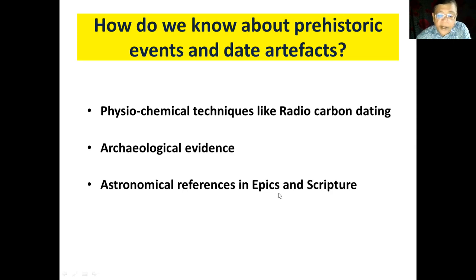There is yet another interesting way of dating events, because in India especially, whosoever wrote the scriptures or the epics like Mahabharata and Ramayana, they give a lot of astronomical references. For example, if they say Lord Rama was born, they'll talk about what the planetary configuration was at that time.